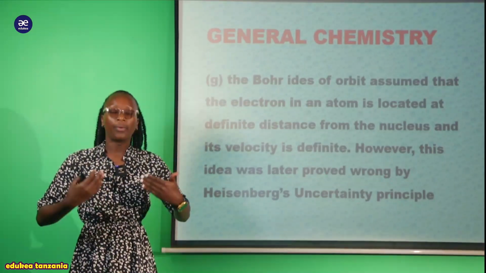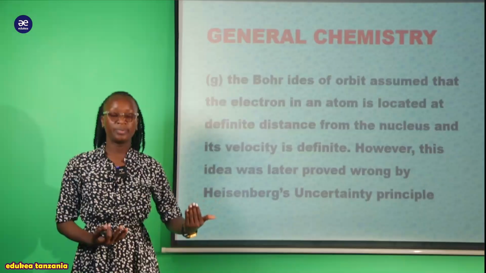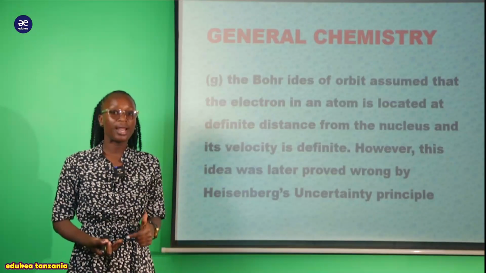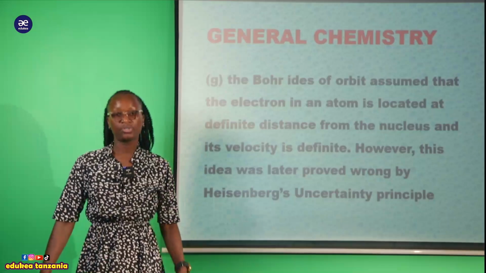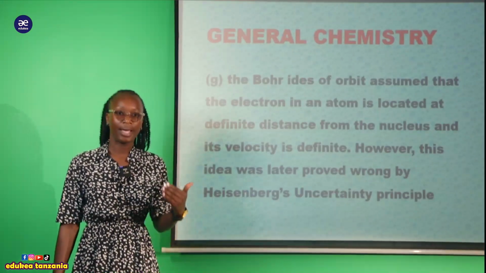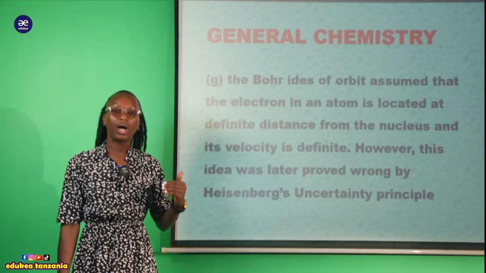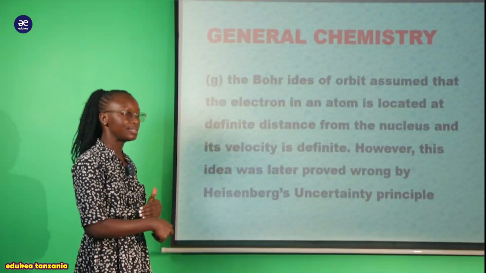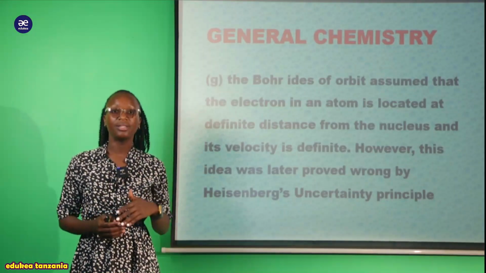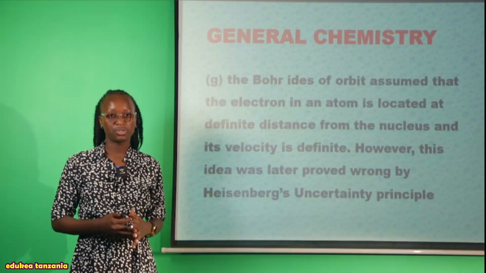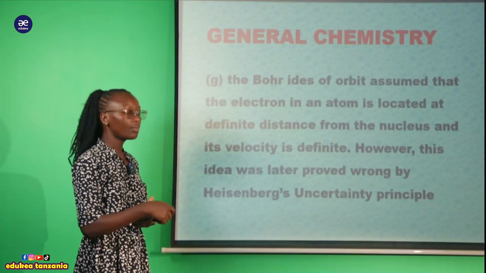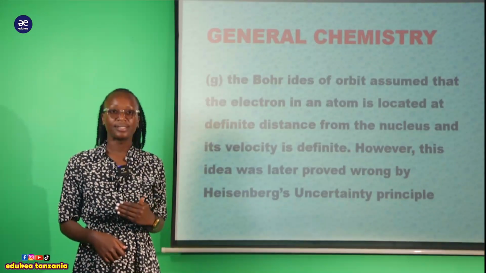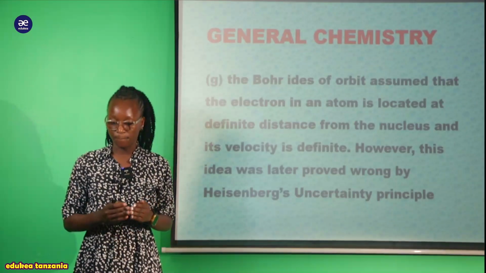Yeye alijaribu kupropose kwa namna hiyo kulingana na experiments zake alizofanya, lakini kuna mtaalamu mwingine alikuja baadaye anaitwa Heisenberg. Tutaenda kusoma mbeleni hii principle ina maana gani, how we can state this principle, how we can apply it in different questions. So these are the shortcomings or the weaknesses of the Bohr atomic model.